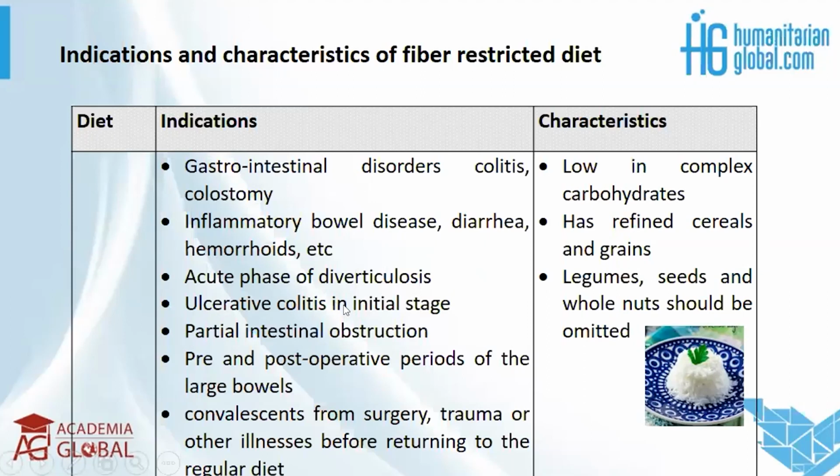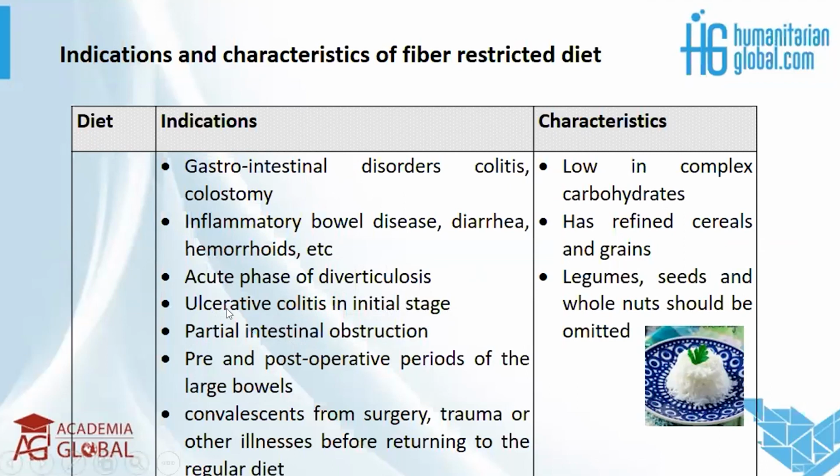Ulcerative colitis in the initial stage. Here you can see ulcer. We know ulcers are like small types of wounds that could be found in the GIT. Colitis, if you see anything ending with -itis, it means inflammation. So this is inflammation of the colon.